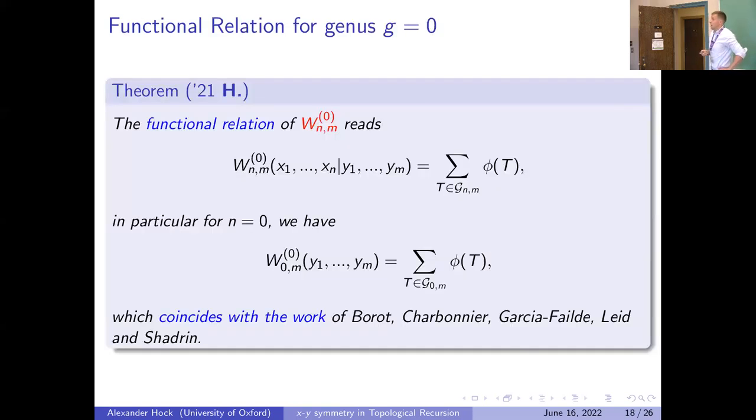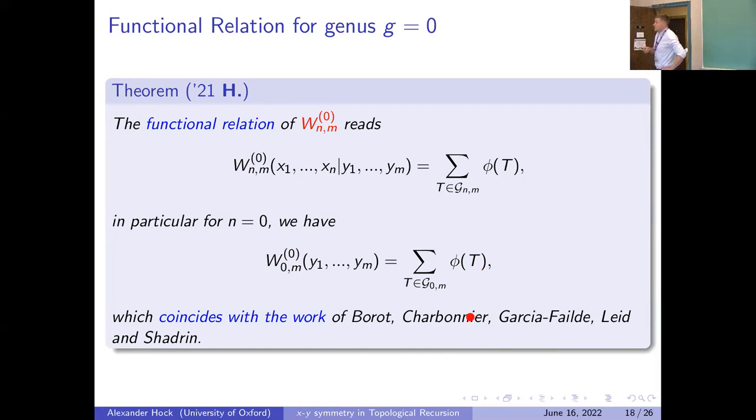Good. And now the theorem is that the functional relation between all W_{0,n+m} is given by the sum over all trees G_{n,m} of this weight. This is the theorem. In particular, if we look at W_{0,m} where we take n equal to 0, we just have to sum over all trees G_{0,m} of the weight.